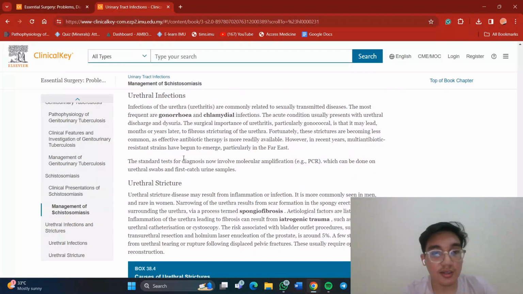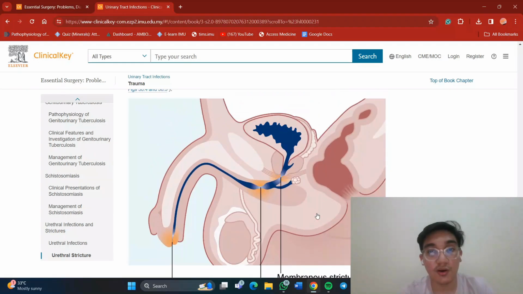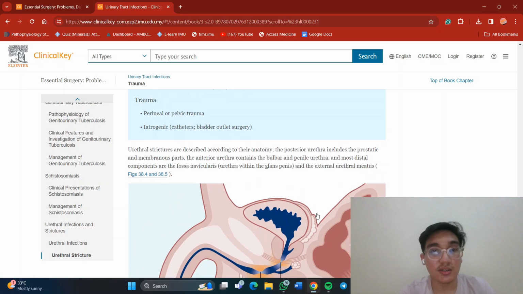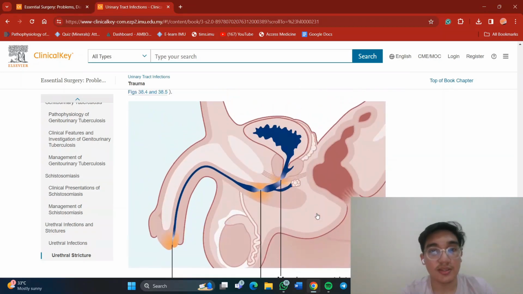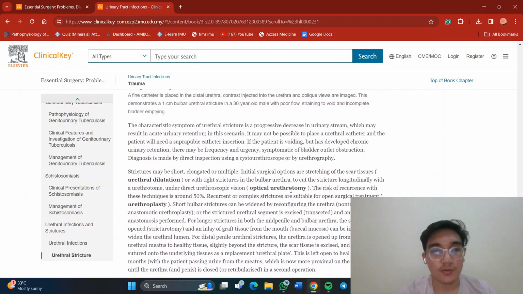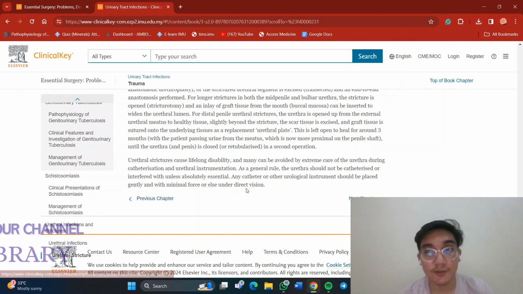And another thing, this is another example of the colorful pictures of this disease. If you have finished reading this chapter, you can easily click to the next chapter or the previous chapter.